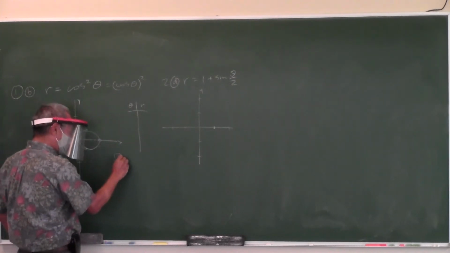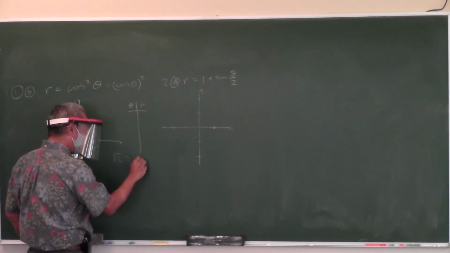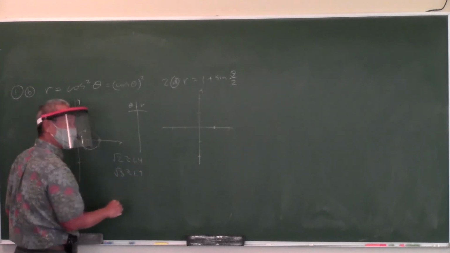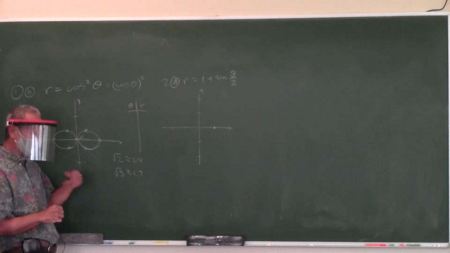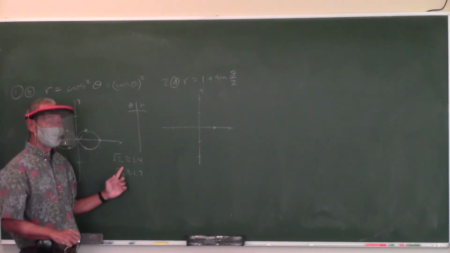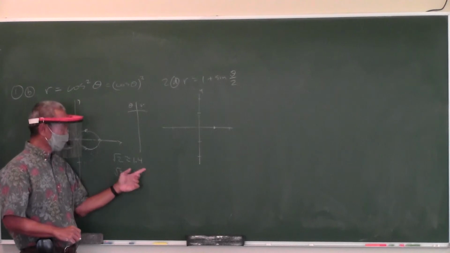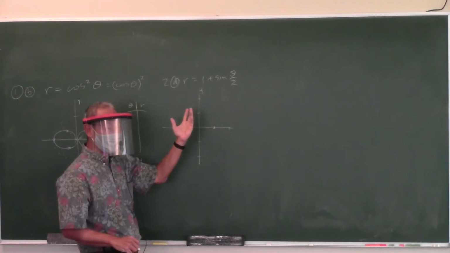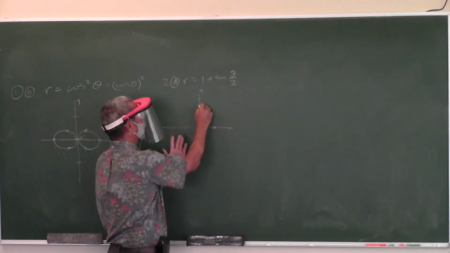Okay, remember, root 2 is approximately 1.4. Root 3 is approximately 1.7. You need this information to graph. So, what would be root 2 over 2? 0.7. Okay, so 0.7 plus 1 is 1.7. So, about there.